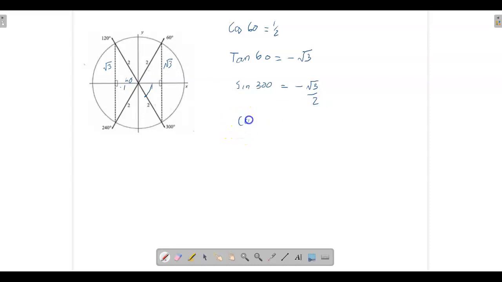Let's do cosine 300 as well. Now with cosine 300, we go along 1 and the hypotenuse is 2, so this gives me a half, and they're both positive. And you can investigate exactly how all those are working and which ones are positive and which ones are negative in these 4 different quadrants.